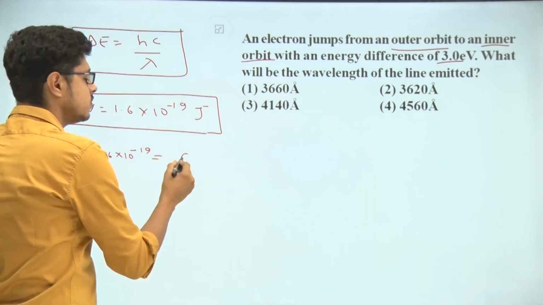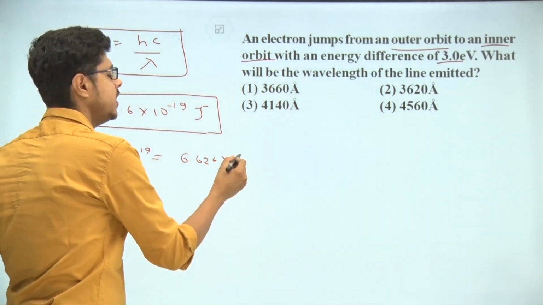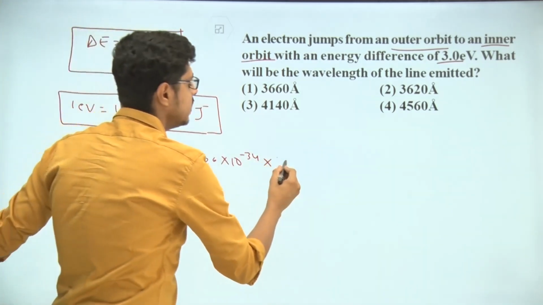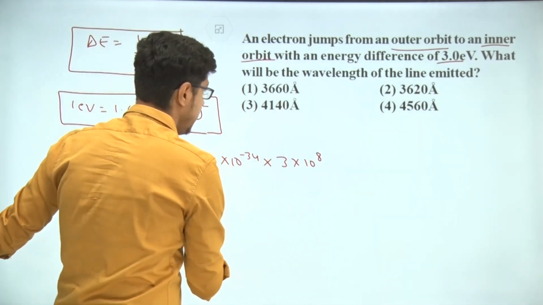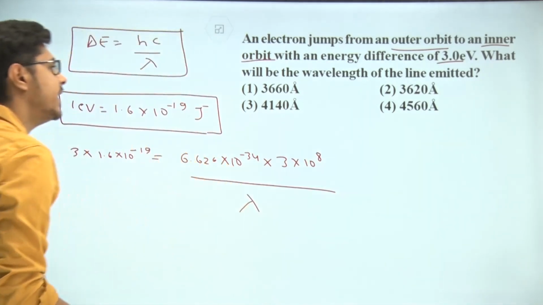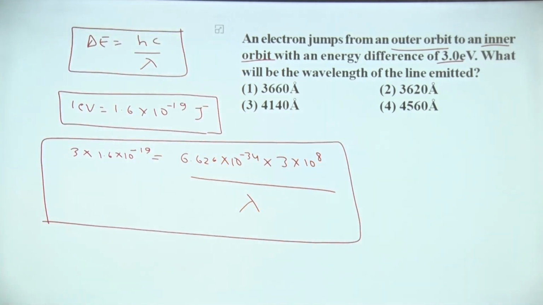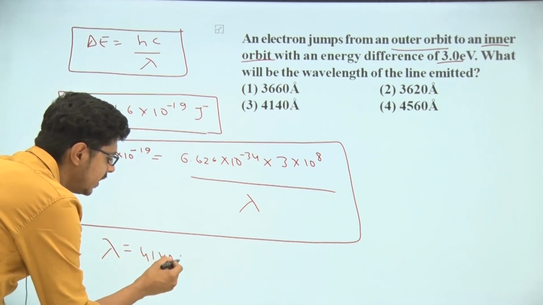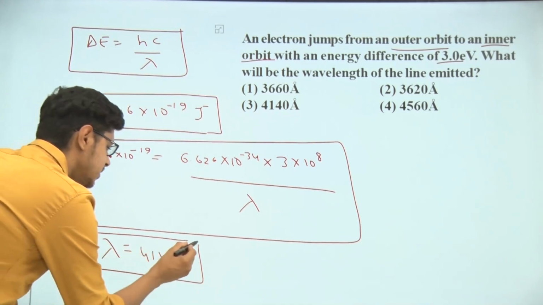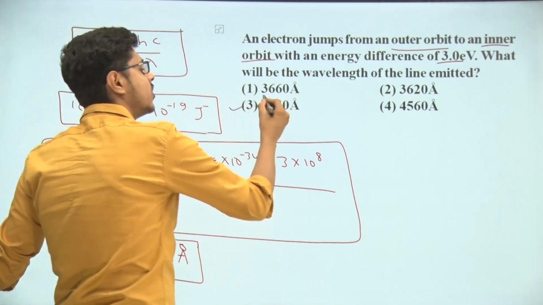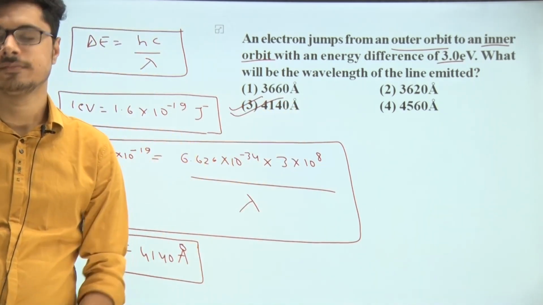H is Planck's constant, that will be 6.626 into 10 to the power minus 34, into the value of c, that is the speed of light, that will be 3 into 10 to the power 8, upon lambda, the wavelength we need to find, correct? So after solving this, we get the value of lambda in meters, and we'll convert that value into angstrom. It is coming out to be nearly 4140 angstrom, correct? So from here our correct option will be option number 3.